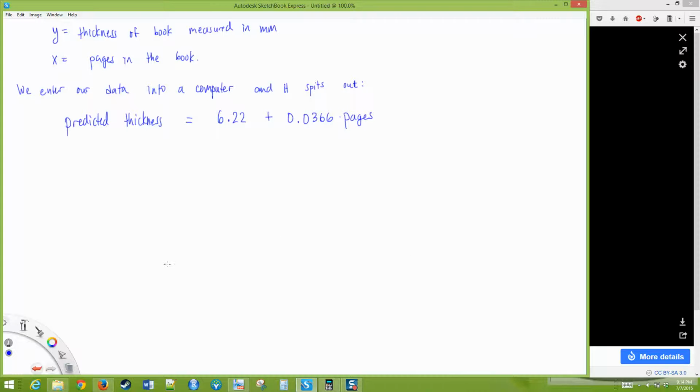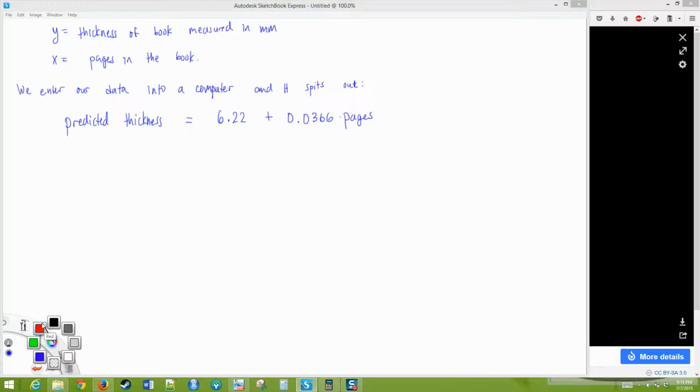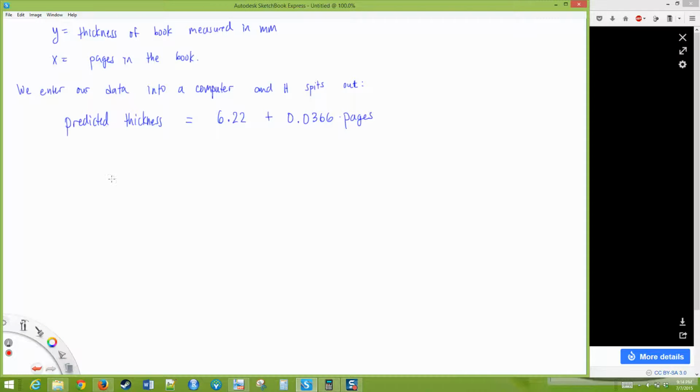Based on the equation, how thick do we predict a book will be if it has 250 pages?